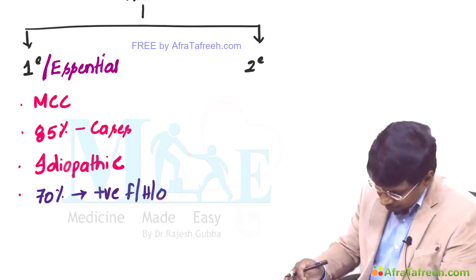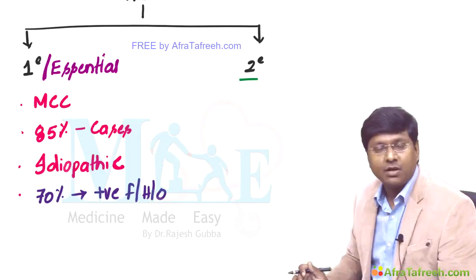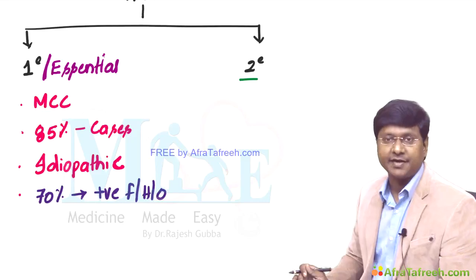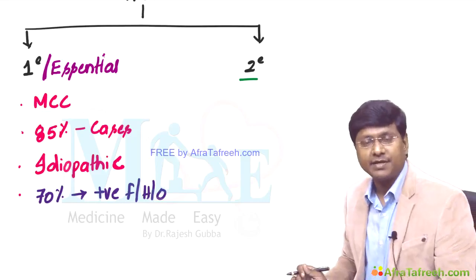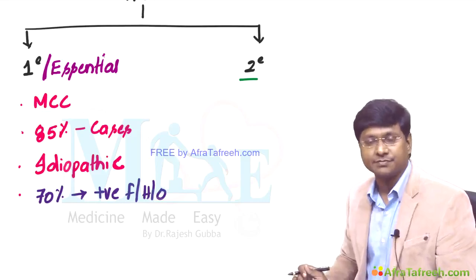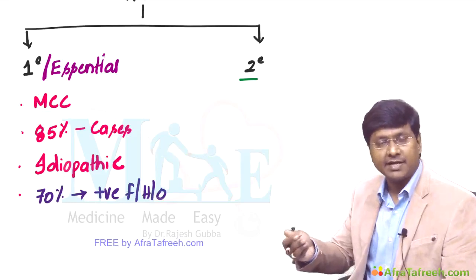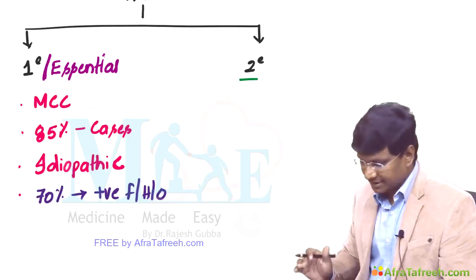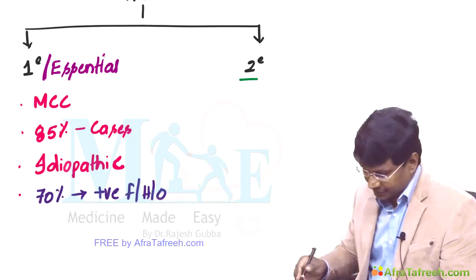Next, let me take up another clinical condition causing hypertension, that is secondary hypertension. Remember, in case of secondary hypertension, there is a certain underlying etiology making the individual land up in hypertension. That is what is called secondary hypertension.